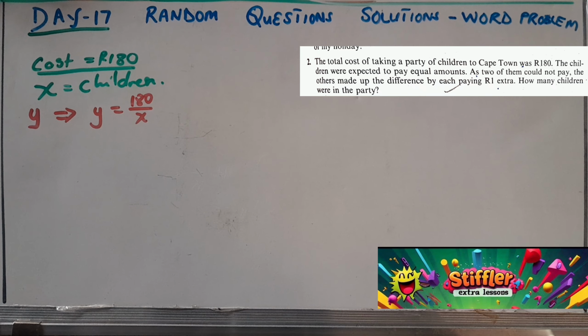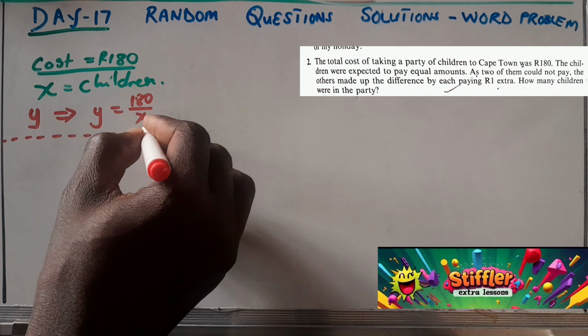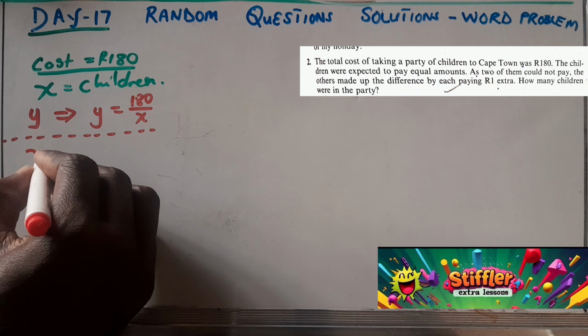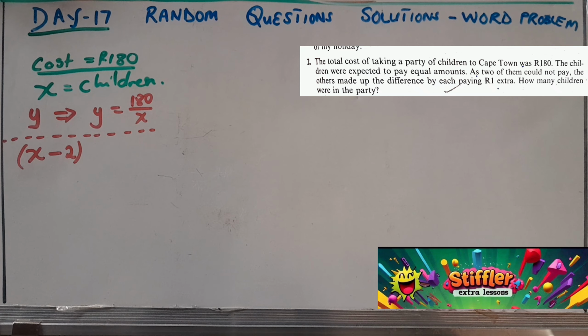And then they said as two of them could not pay, the others made up the difference by each paying 1 rand extra. So we're having a new situation now. Two of the children could not pay, so this means that it is x minus 2 who paid.